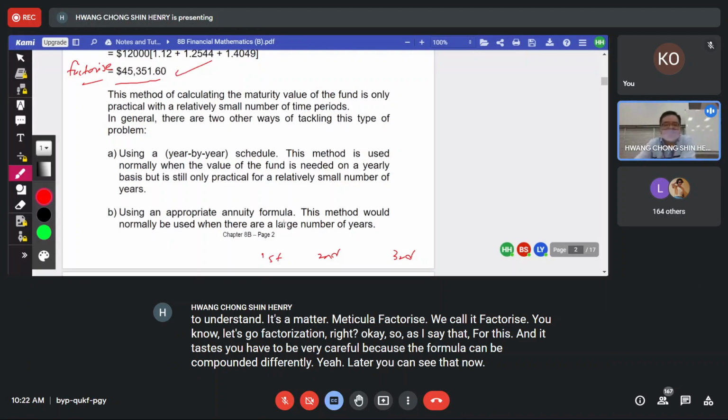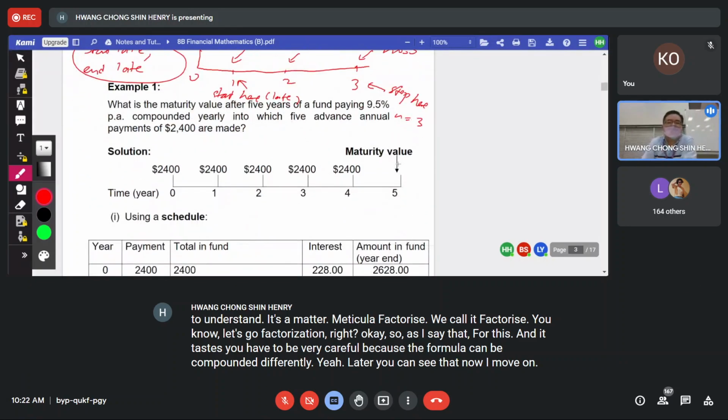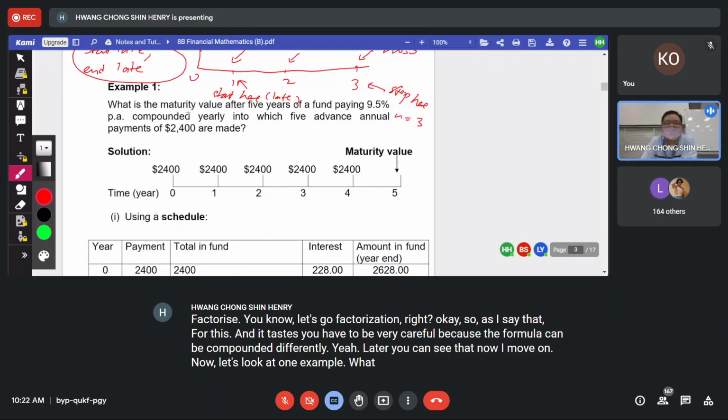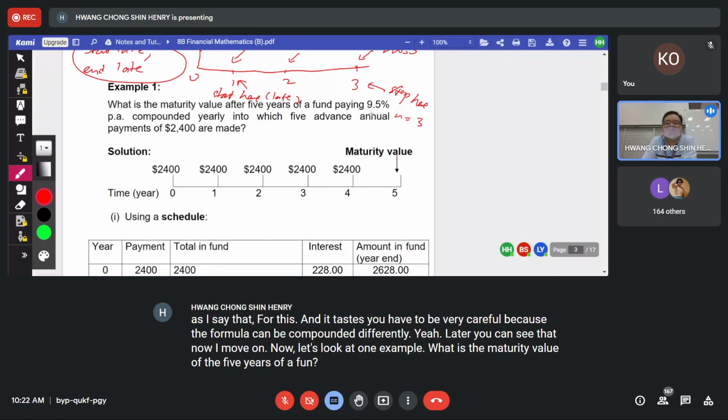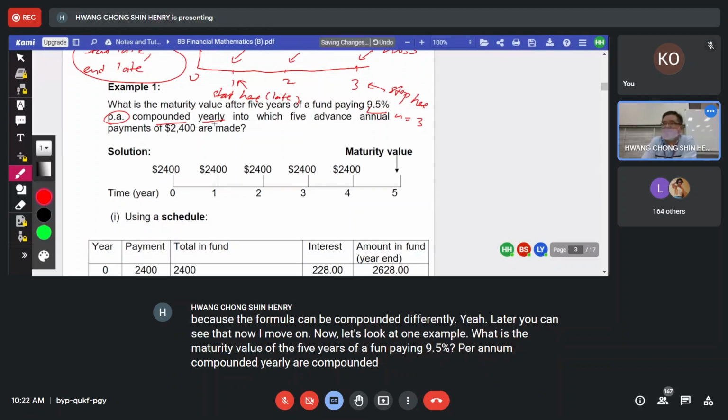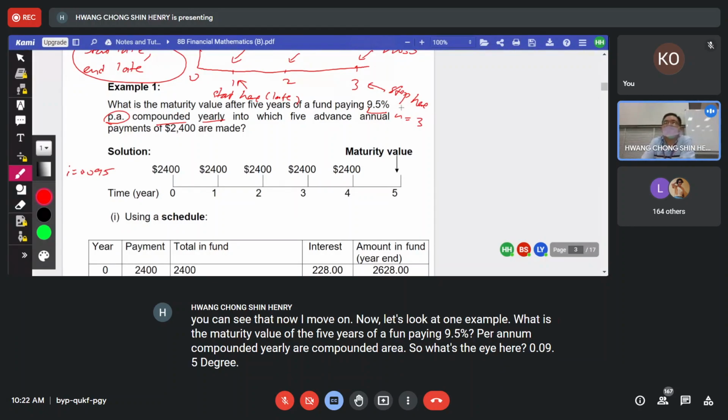Now I move on. Now let's look at one example. What is the maturity value after 5 years of a fund paying 9.5% per annum compounded yearly? Compounded yearly. So what is the i here? 0.095. Agree? 9.5% per annum. Remember, p.a. is per year.